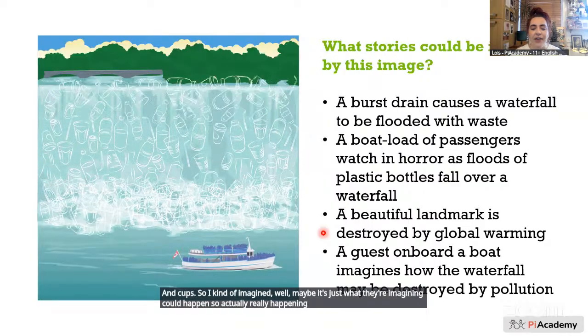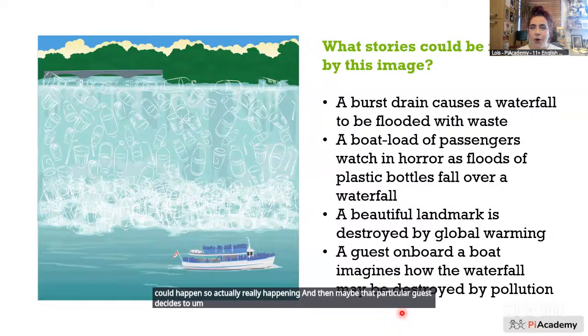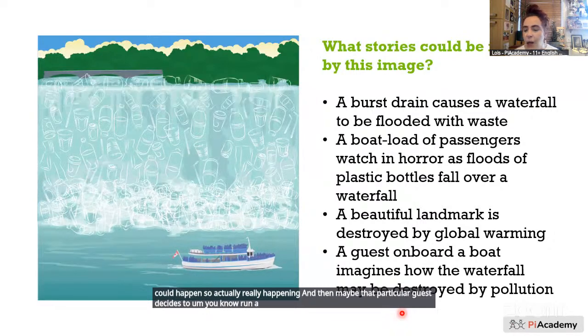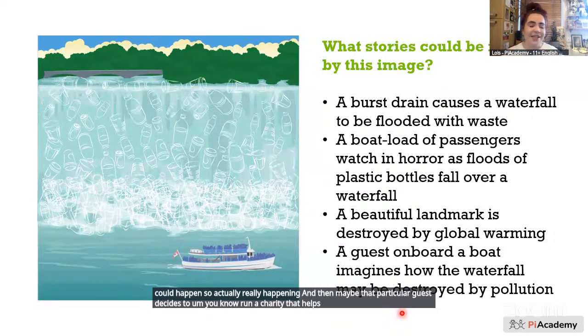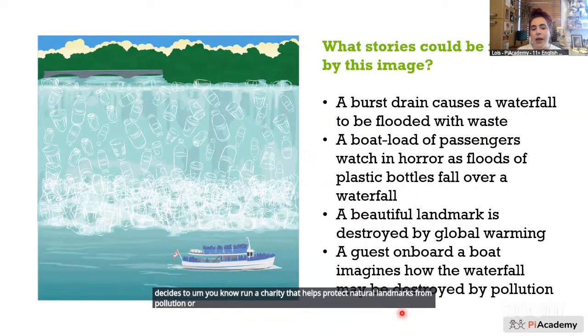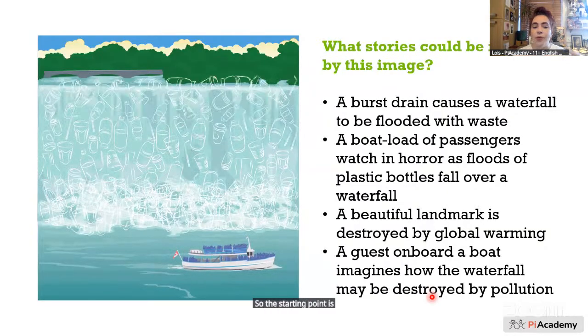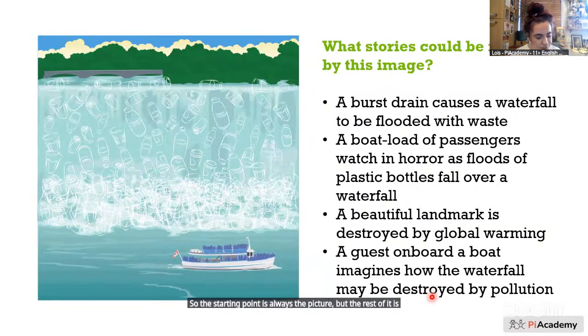And then maybe that particular guest decides to run a charity that helps protect natural landmarks from pollution or something like that. So the starting point is always the picture, but the rest of it is your ideas.